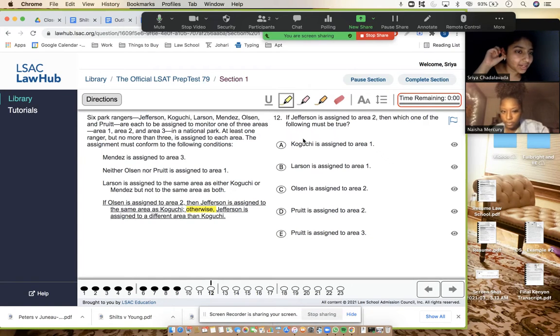Does that make sense for why? Because what happens when you put O, J, K together? O would be in 3. Okay, let's put O in 3 with M. K would be in 1. Okay, sure, let's put K in 1. Right, and then you can put L in 3 if you want, right?